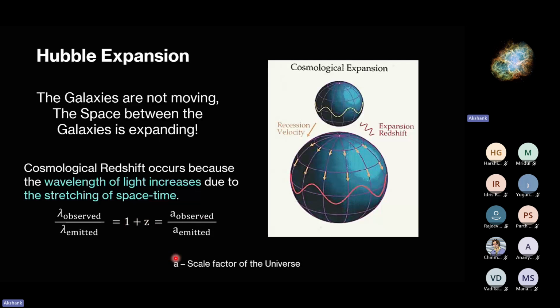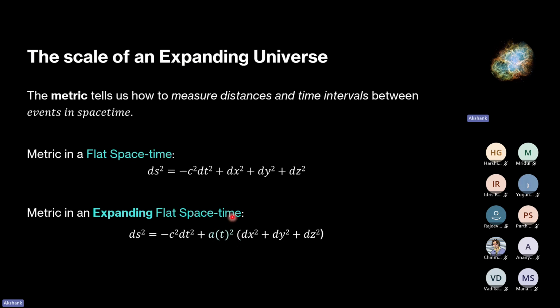Okay. So when we study distant objects, distant galaxies, quasars, supernovae, we always talk about this term z, which represents how far away these are. Also, this is related to the scale factor. The scale factor of the universe is basically how much the universe is expanding. This is your metric in a flat 4-dimensional space-time: you have the time term and the 3 space dimensions x, y, z.